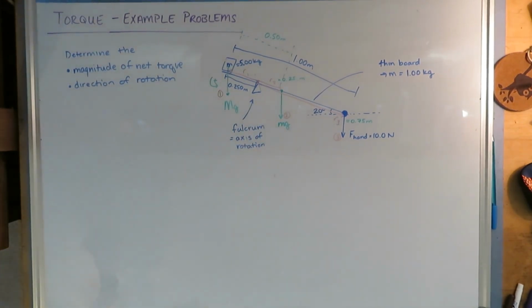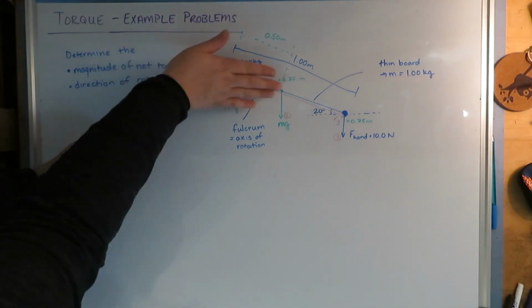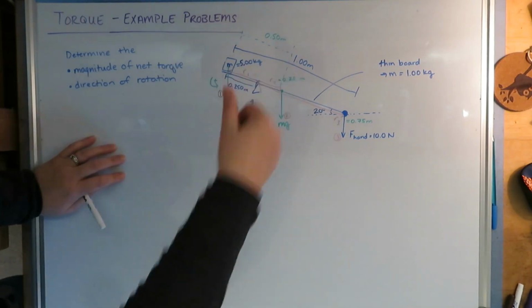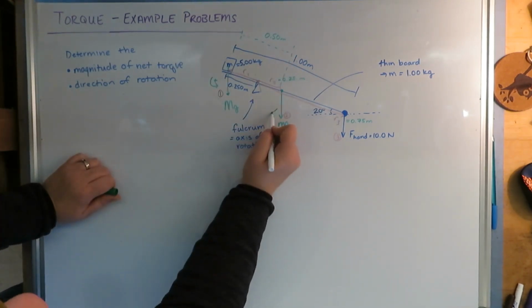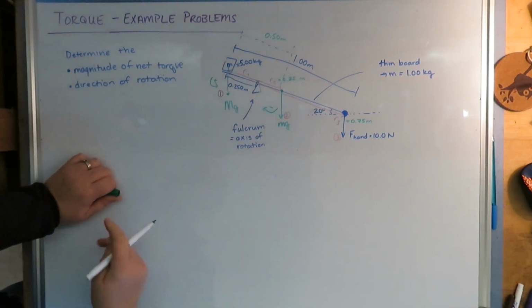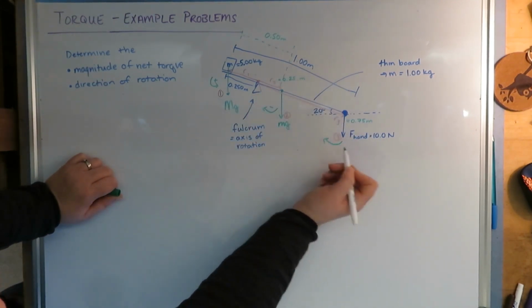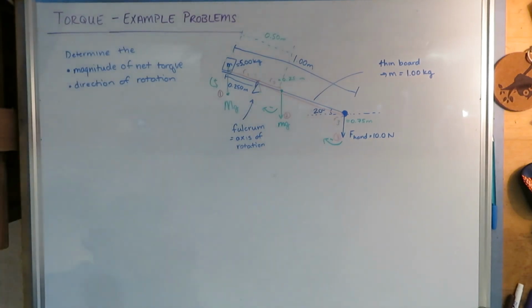If I do this one here, I actually have to get up from where I'm sitting and move around. I put my fingers in the direction of R, rotate my palm in the direction of that force. That one's going to be into the page, and I can see that would cause a negative torque. And this one's in the same direction on the same side of the axis of rotation, so that one's also going to cause a negative torque.